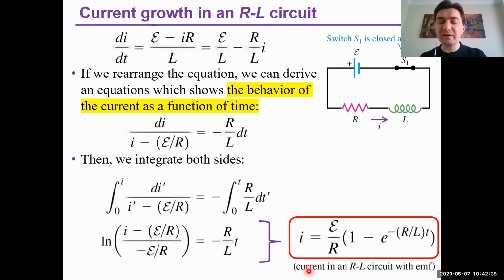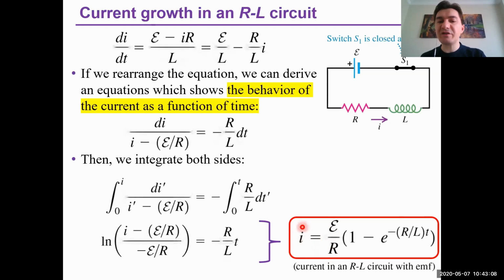What do you see here? That the current in the circuit is equal to EMF over R times 1 minus e to the power of minus R over L times t. So as the time increases, this term goes down, and finally the current equals E over R after a certain time.